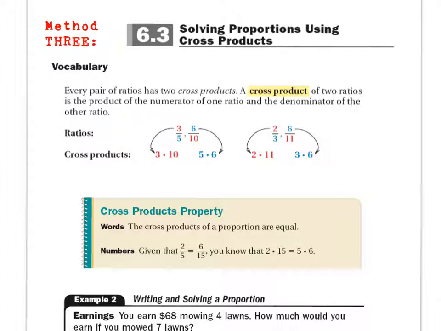So they've given you a couple examples here. If these are two ratios, the cross products would be 3 times 10, which in this case is 30, and 5 times 6, which is also 30.